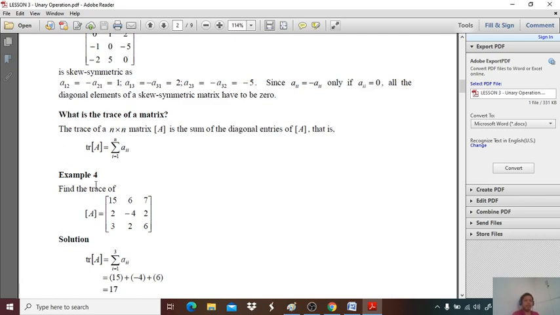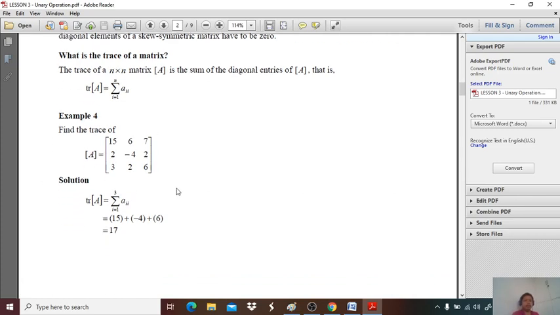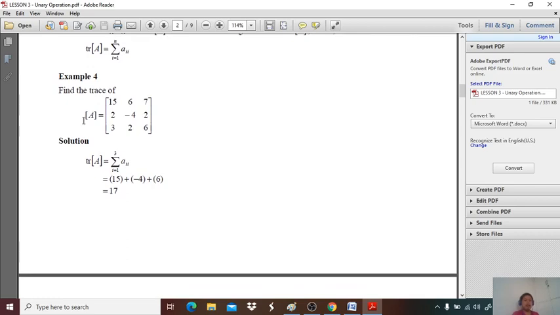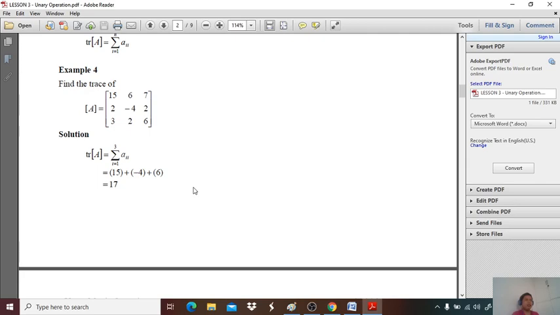Let's say we have an example: find the trace of this matrix A. We have the sum of its diagonals. The diagonal entries are 15, -4, and 6, meaning the trace of this matrix is 17. So we have 15 minus 4 plus 6. That is the trace.